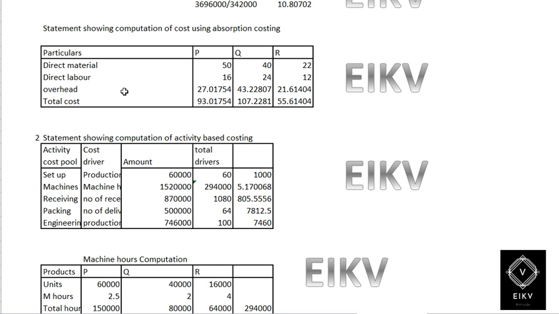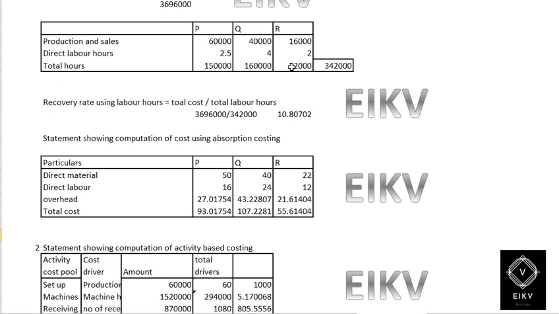Then we have the overhead, which will be based on the recovery rate multiplied by the labor hours for each product. We have 10.8 as the recovery rate per hour, and for product P we have 2.5 hours.